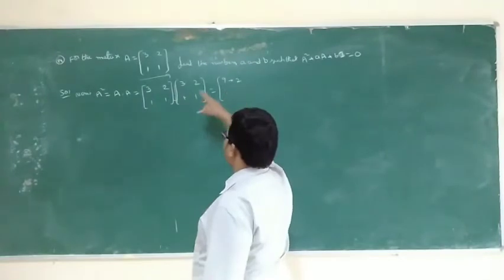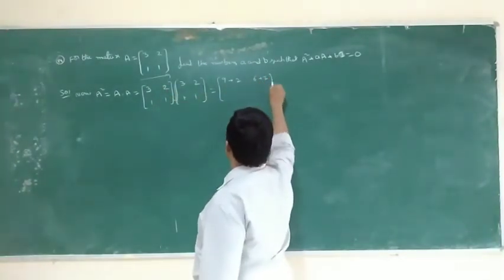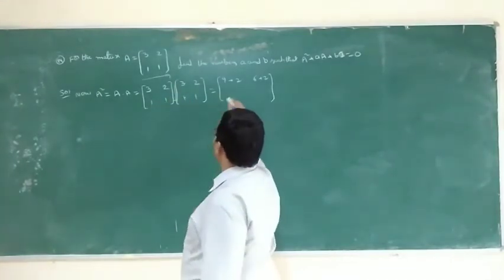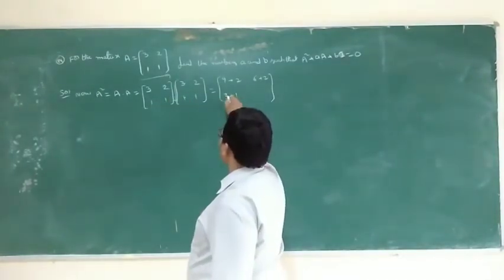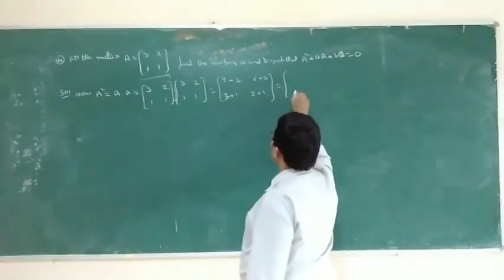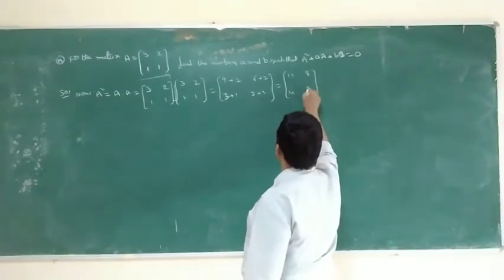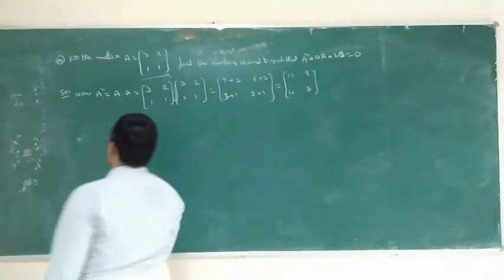First row, second column: 3 into 2, 6, plus 2 into 1, 2, that is 8. Second row: 3 plus 1 is 4, and 1 into 2, 2 plus 1, is 3. So A square is [11 8; 4 3].